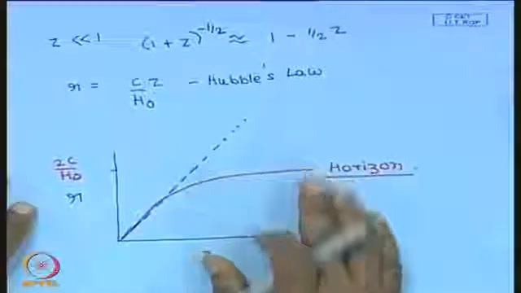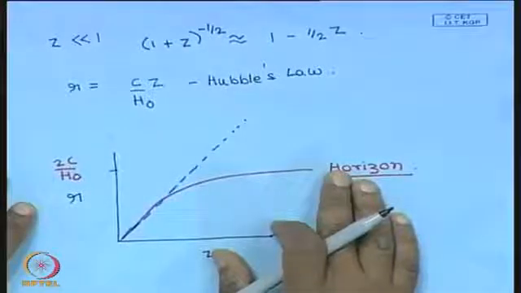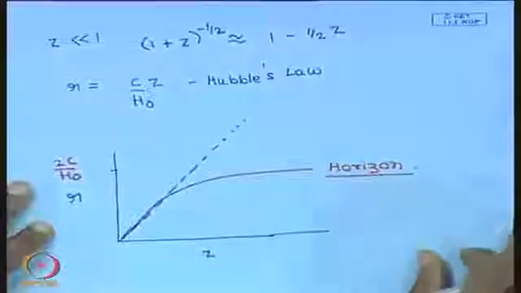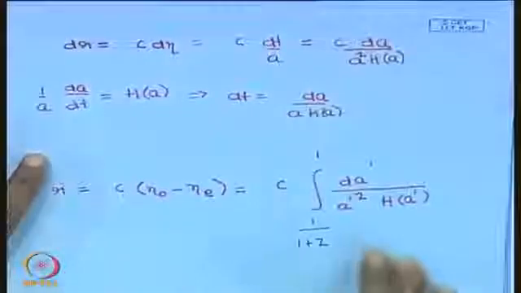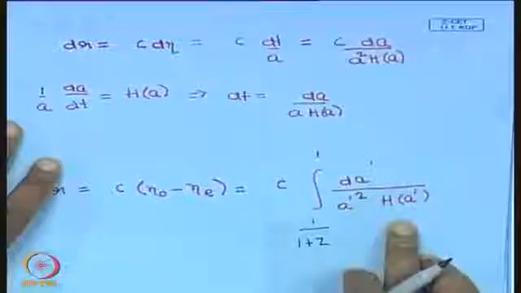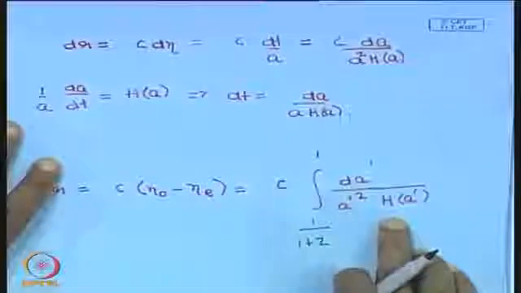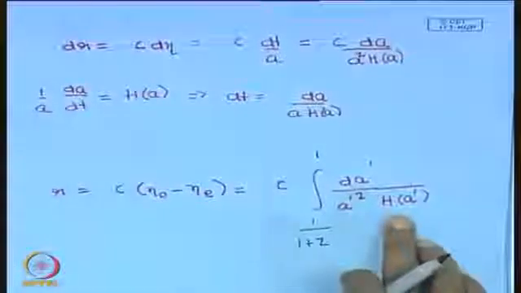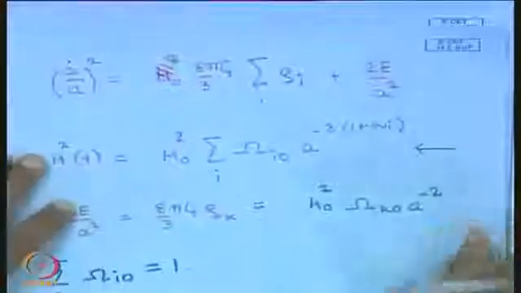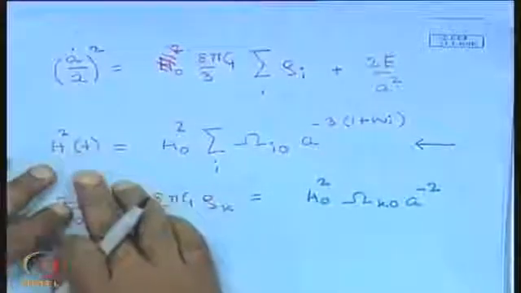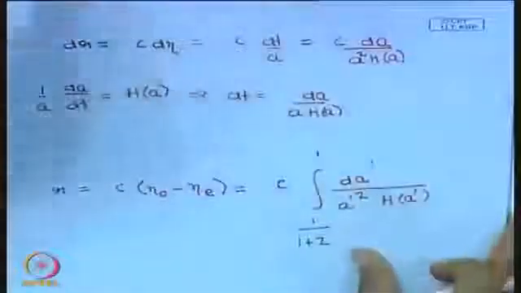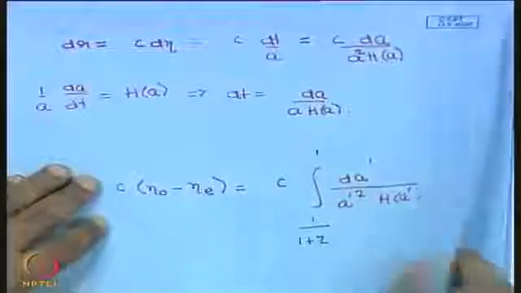It cannot be the cause for any effect now, because no signal can propagate faster than the speed of light. Now you should realize that the statements that we have made all depend on the cosmological model. Suppose I was in a different cosmological model, by that we mean if the density parameter had a different set of values, then my H square a would be a different function and these results would be changed.